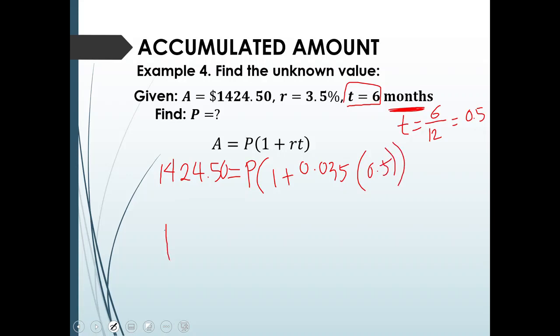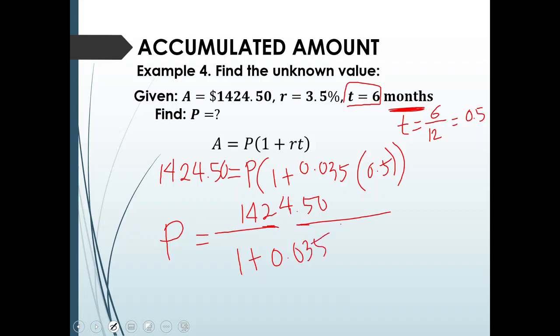So to find P, we have 150 all over 1 plus 0.035 times 0.5.